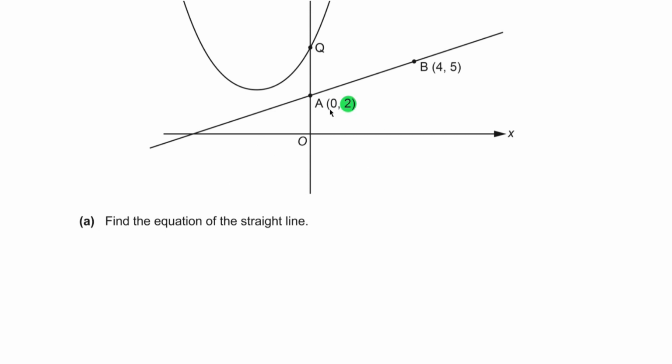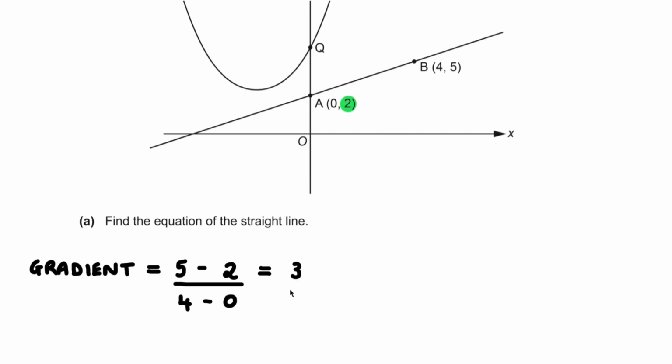Let's find the gradient, and we can find the gradient by considering these 2 points. The gradient, that's equal to 5 subtract 2 over 4 subtract 0. So the gradient of the line, that's equal to 3 over 4.